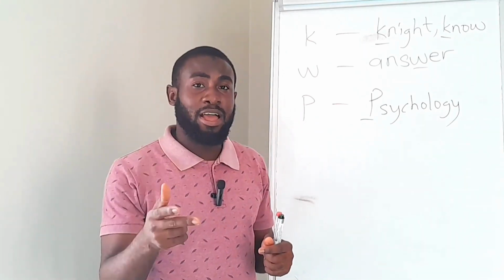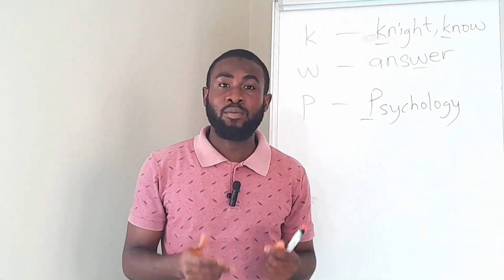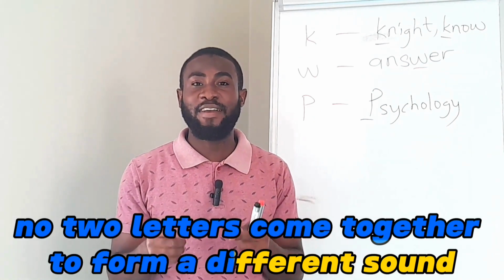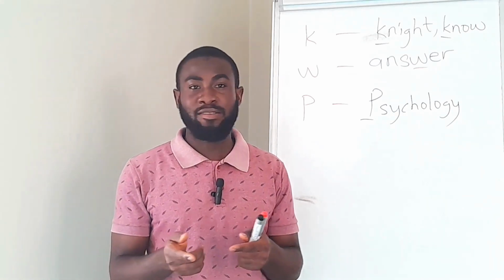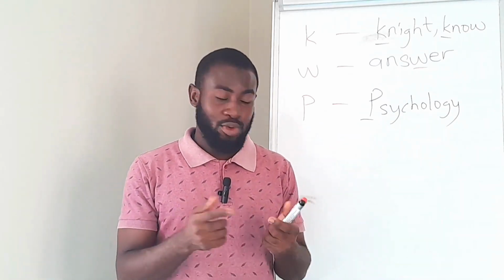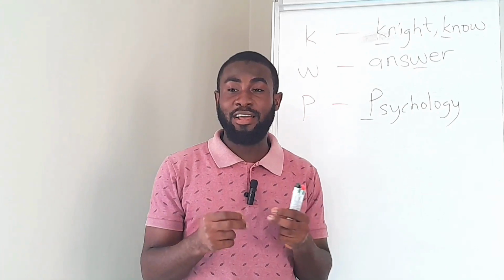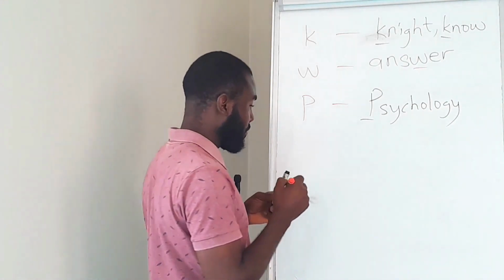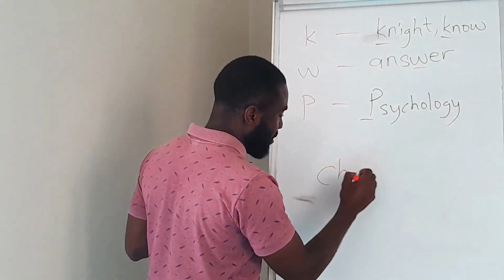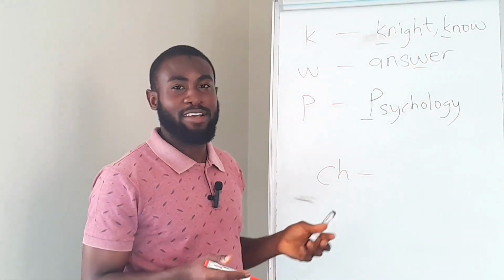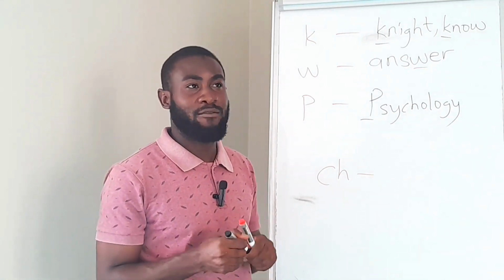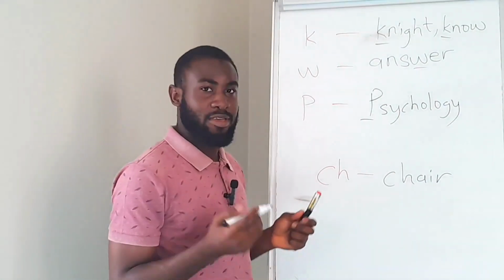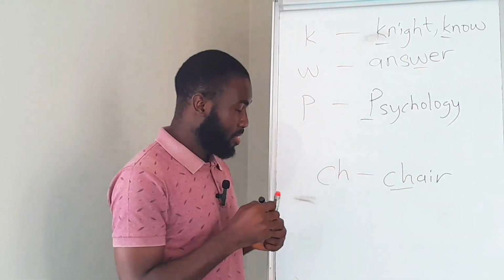Another thing about the Turkish language is that no two letters come together to form a different sound. Whereas in English, when two letters come together, the sound changes. For example, when C and H come together, we pronounce it as sh, as in chair.